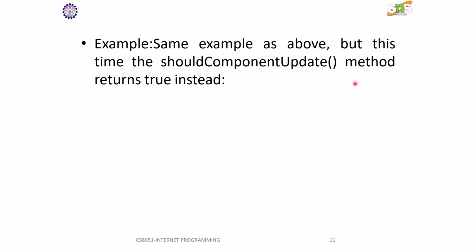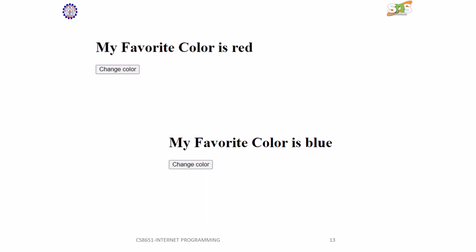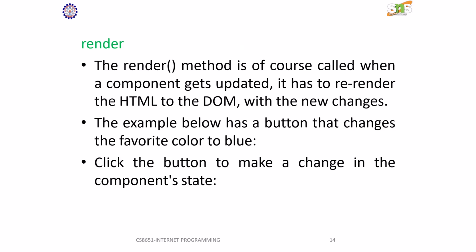The same example as above, but this time the shouldComponentUpdate method returns true instead. Now when it is false, it returns red, and if it is true, my color will be red and my changed color will be blue. So both will display.